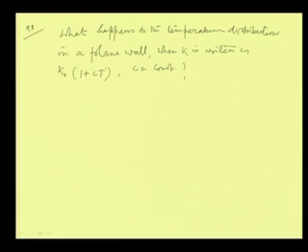We have seen that in case of a plane wall, when thermal conductivity K is constant, the temperature profile is a linear profile between points T1 and T2. That is what we have already seen.